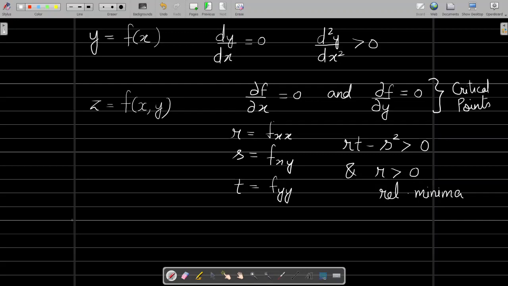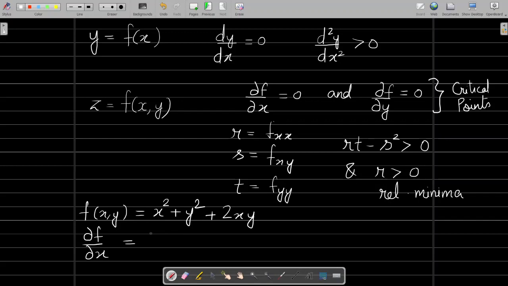Now how to find dou f by dou x? Suppose I have a function like this, f of x, y equal to x square plus y square plus, say, 2xy. When differentiating with respect to x, I have to treat all terms involving y as a constant.